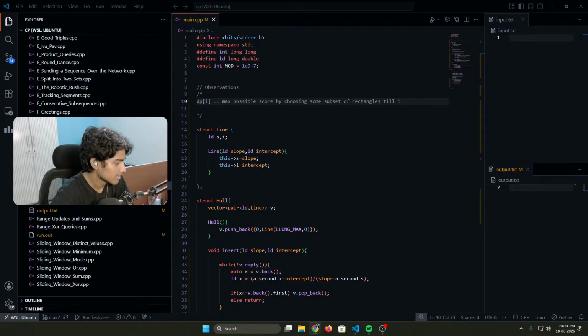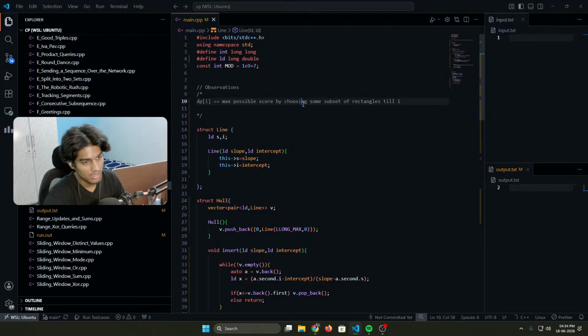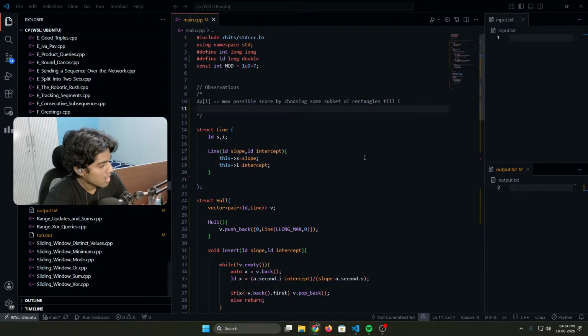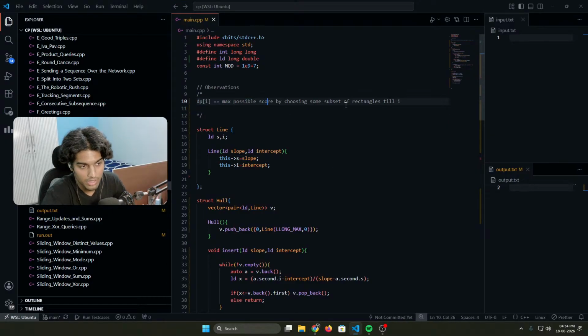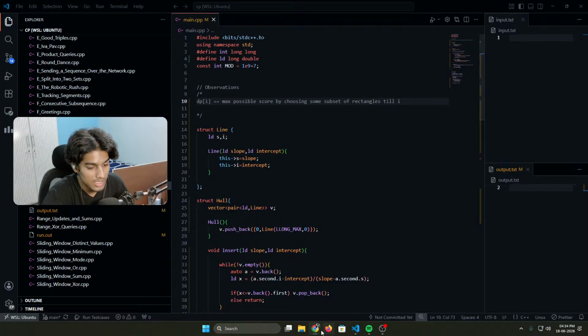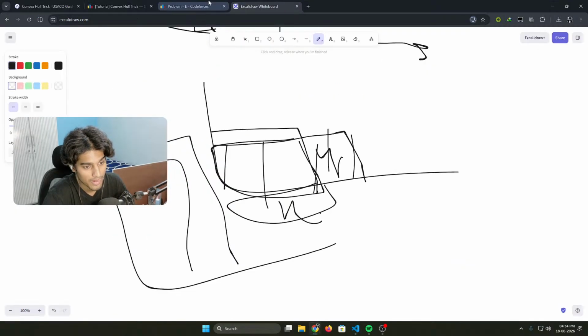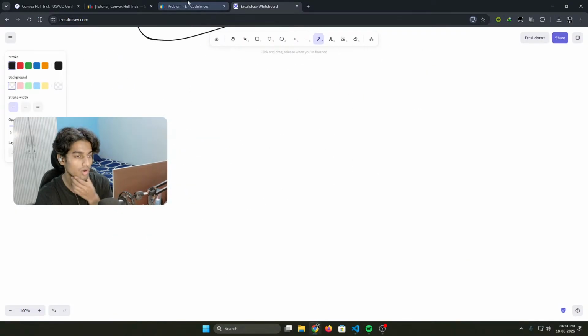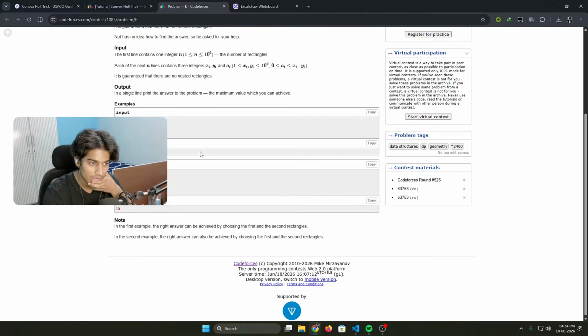Wait, can I see? First I need to see whether convexity holds or not. I think if I want to use CHT, I should be able to do that.